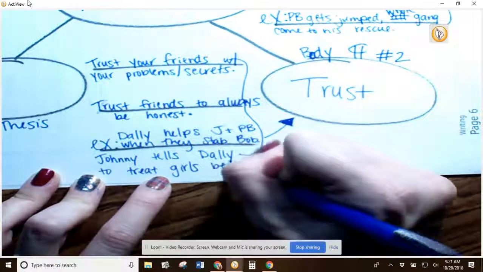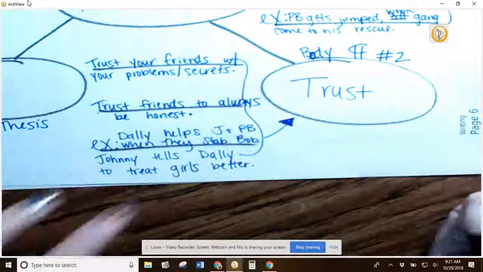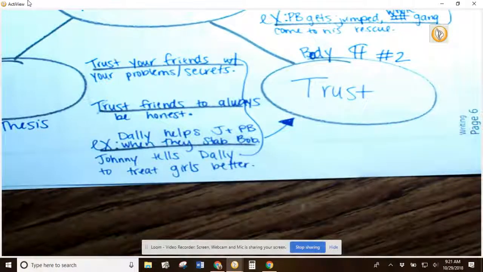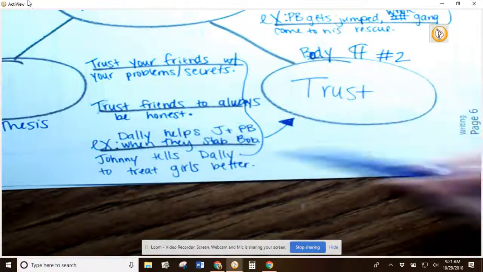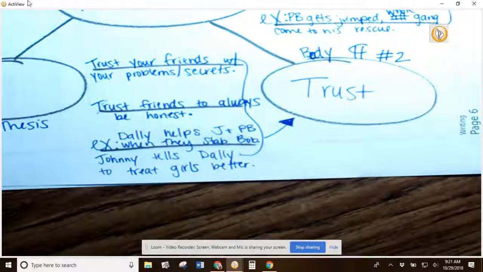Y'all remember that part, Cherry and Marcia? You should be able to trust your friends to be honest with you and tell you that you're being a jerk when you're being a jerk, and not get mad at them about it. That's what came to mind when I thought of this one. But again, lots of different examples you can use, and none of them are going to be wrong as long as it ties into the idea of why trust is important.